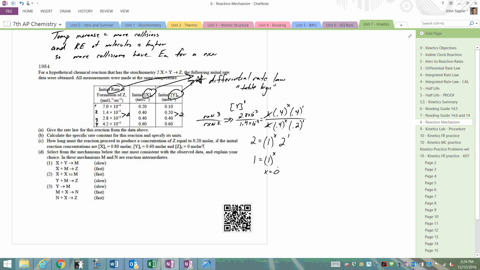That's the other way you can just use table logic. Because otherwise, what should we have seen? If that concentration doubled, and we notice that this went up by a factor of 4, then we could be like, oh, that's first order and first order. I just did my math.